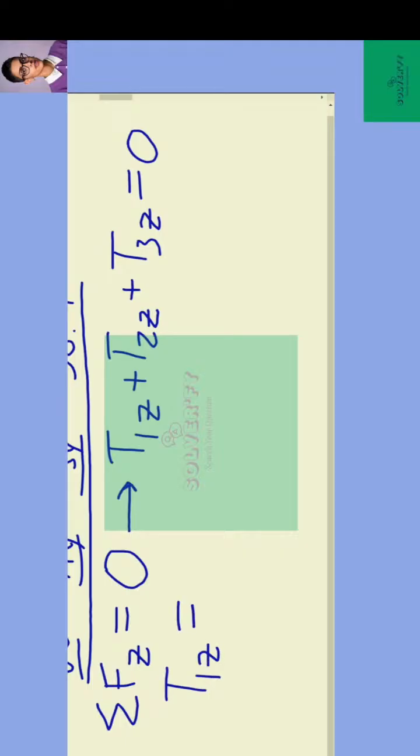So we'll take the first one, T1z. We have a formula for T1z: we can relate T1z to T1y with a ratio of their dimensions.